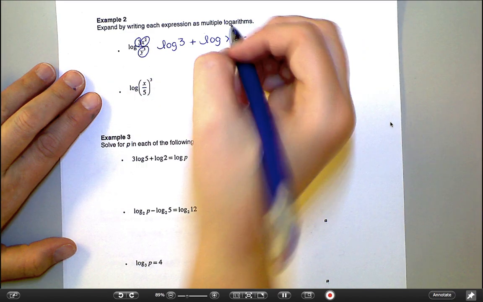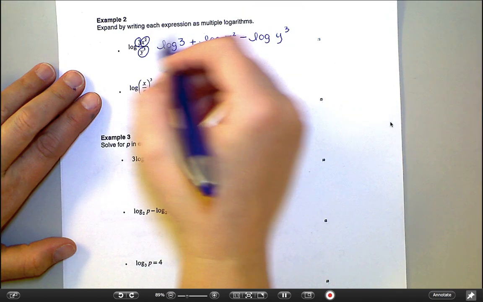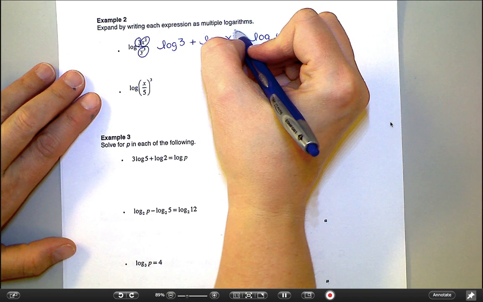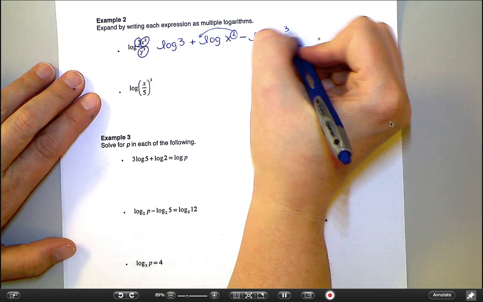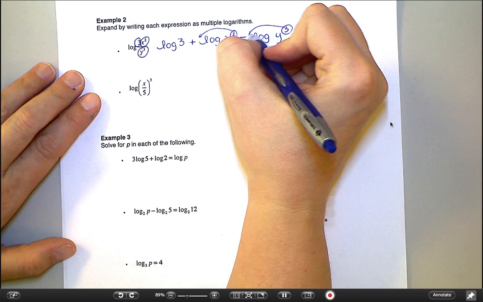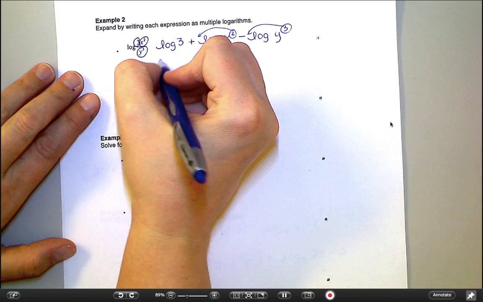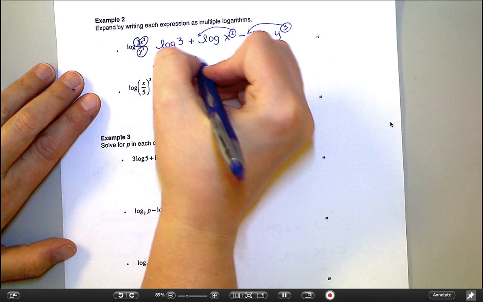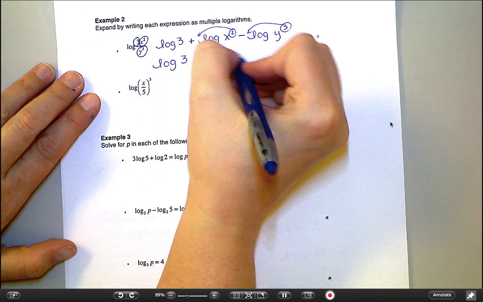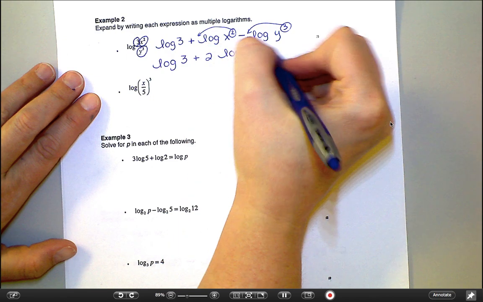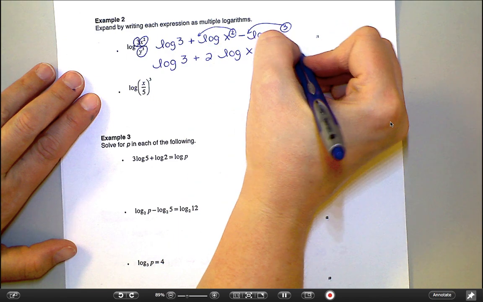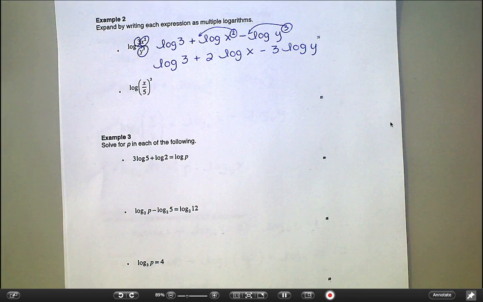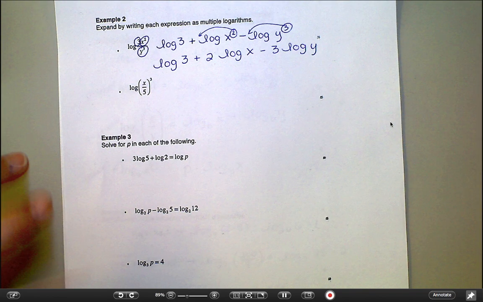And then the only other thing that I might do, and it didn't technically say I had to here, but usually we do when we take this step, is I'm going to take these exponents and put them down in front here. So I would rewrite this whole thing as log of 3 plus 2 log x minus 3 log y. And that's what my final answer would look like. Okay, for what that asked me, that's all I needed to do.